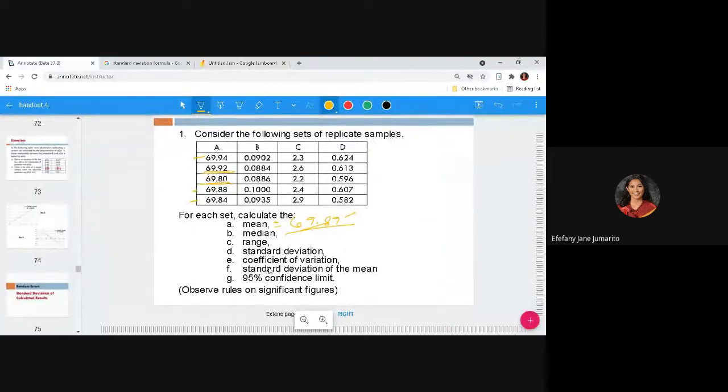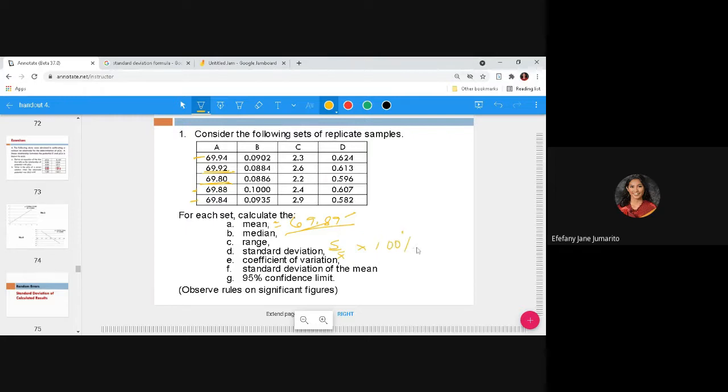Now what about the coefficient of variation? When we calculate the coefficient of variation, the formula is S over x bar times 100.